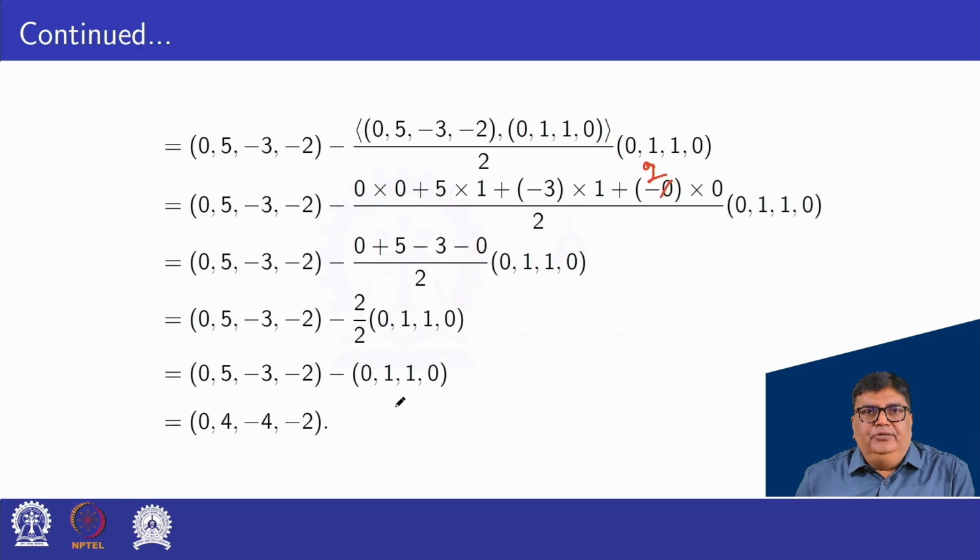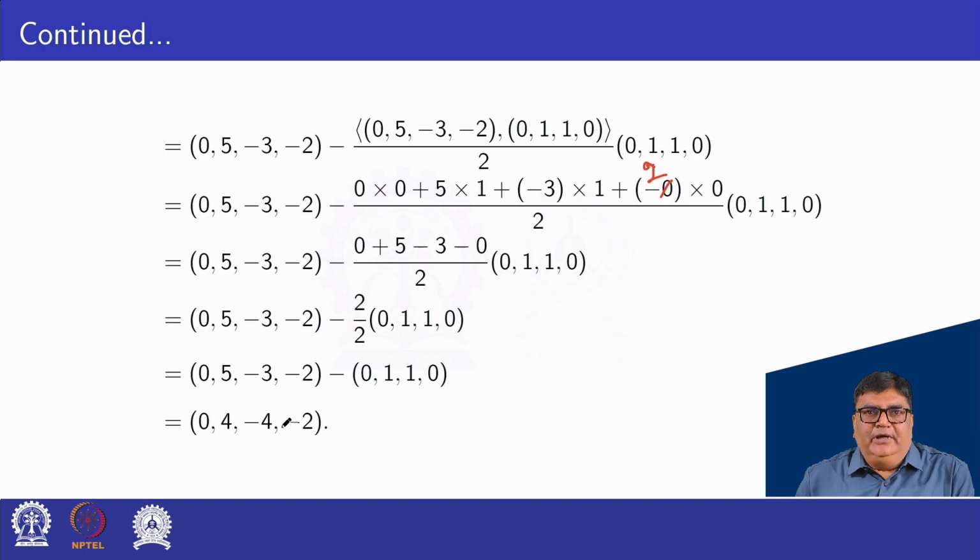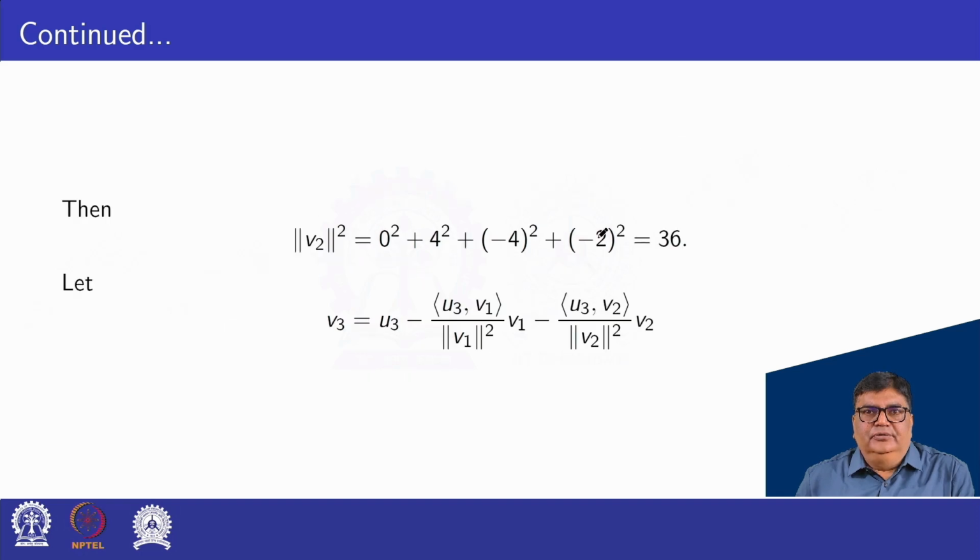So vector V2 is this one. The norm of V2 squared is equal to the square of 0 plus the square of 4 plus the square of -4 plus the square of -2, that is 36.